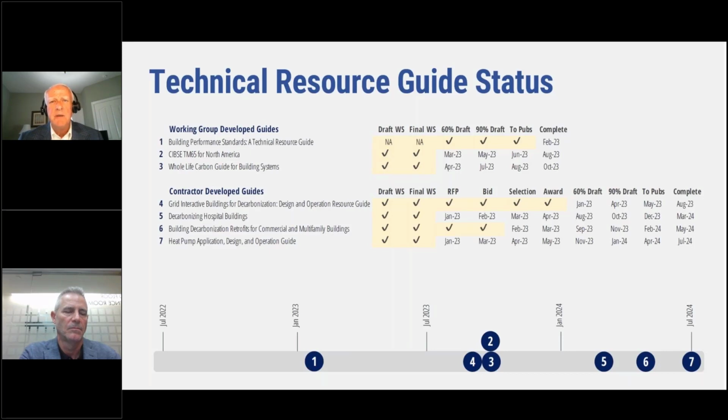Major application is in the UK. However, there are differences between the UK and America. So what we're looking at is developing this embedded carbon calculation methodology and doing this for North America. So this is in development. We have completed our final work statement on that, and it's expected that this guide will be out by August of this year.